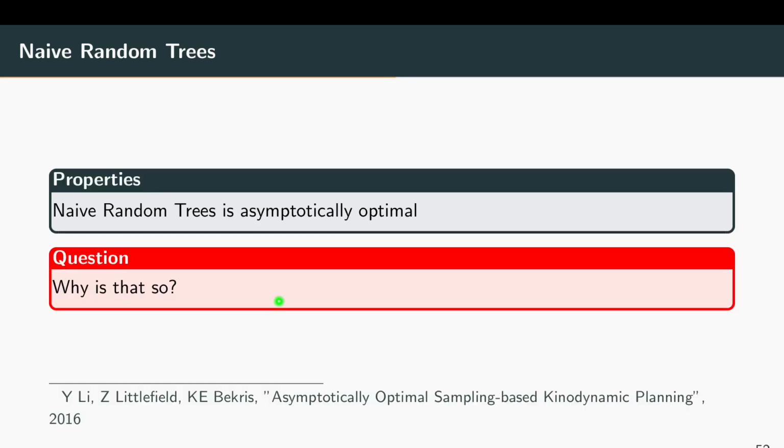And the kind of crazy thing now is, this seems even simpler than kinodynamic RRT, right? And yet it has this funny little property of actually being asymptotically optimal. Can anybody imagine why?